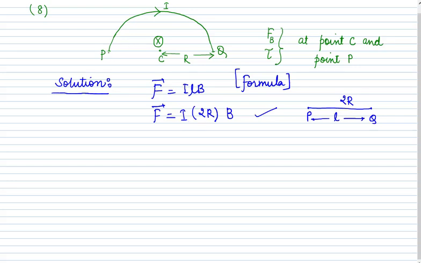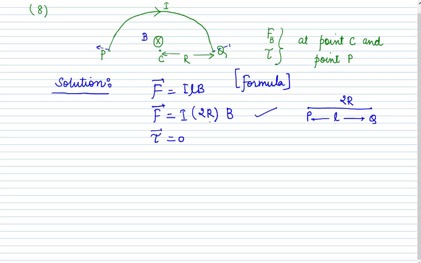And if you calculate the direction of the force, you know the direction of the current and the direction of the magnetic field. Using the right hand rule, it is radially outward for the point P, and again for the point Q it is radially outward. So the torque in this case will be 0.